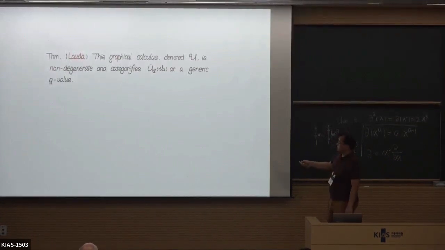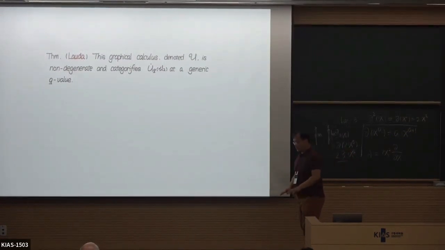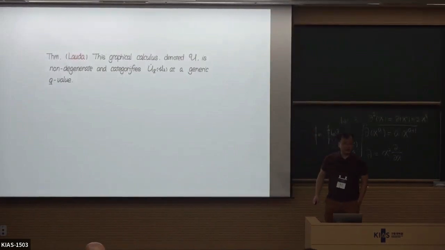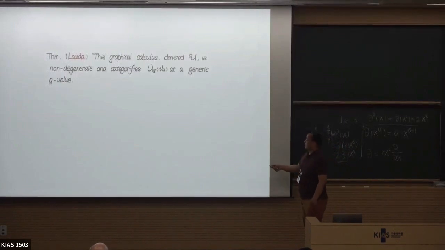And proving the non-degeneracy of this calculus is just as in the usual representation theory. When you define something by generators and relations, you have to find nice enough representations for this algebra to act on, so that you show that it doesn't collapse the whole story. Non-degenerate means, in a vague sense, that the category is not 0.